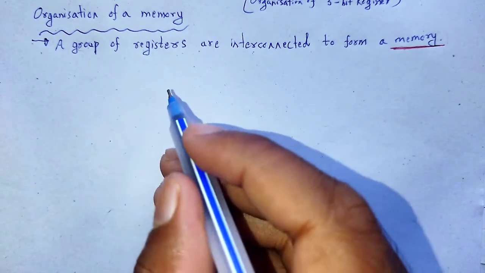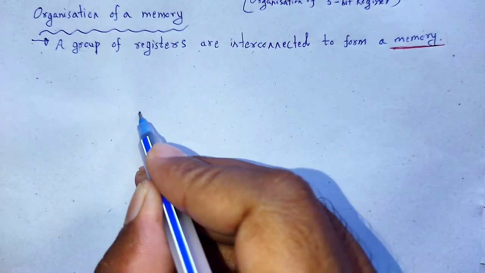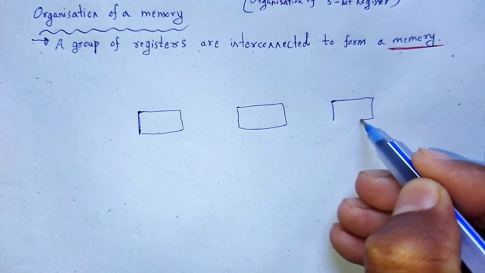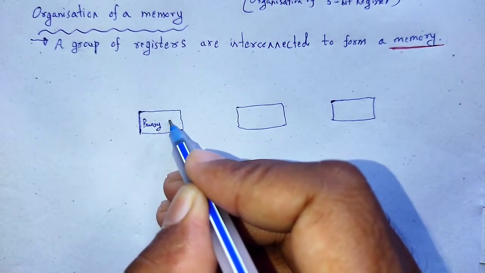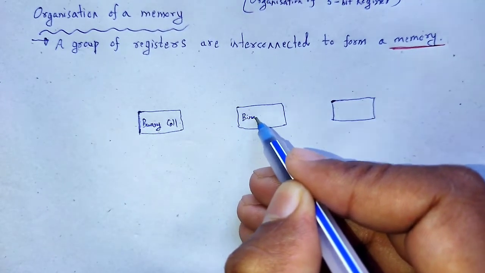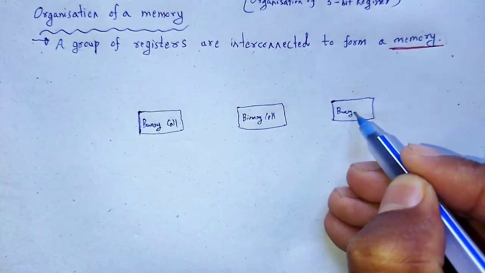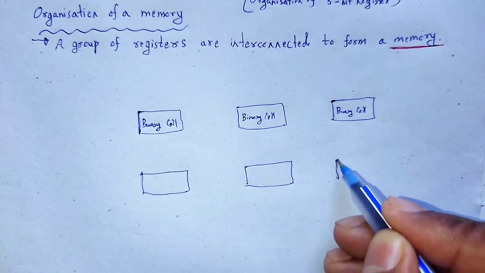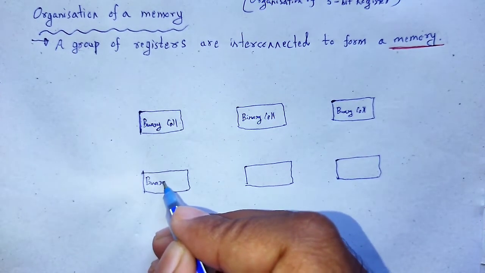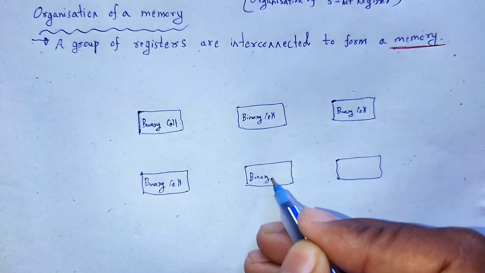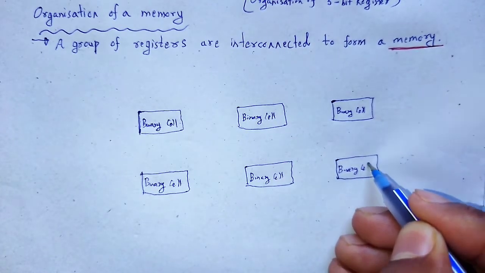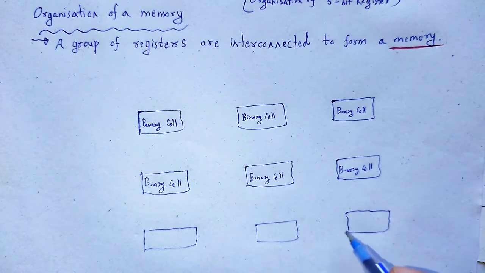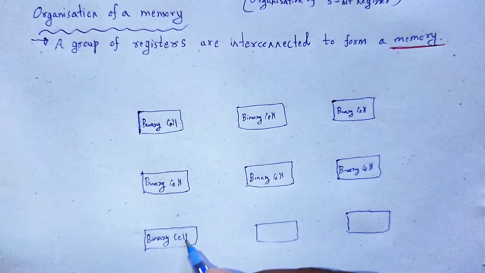Take 12 binary cells, 3 in each row. Binary cells 1, 2, 3 in the first row, then 1, 2, 3 in the next row, and next 1, 2, 3 in another row.